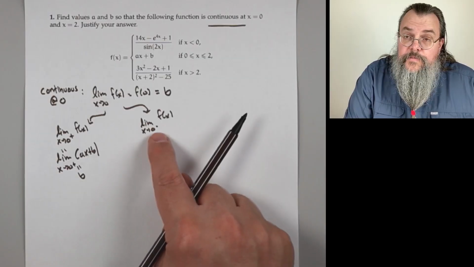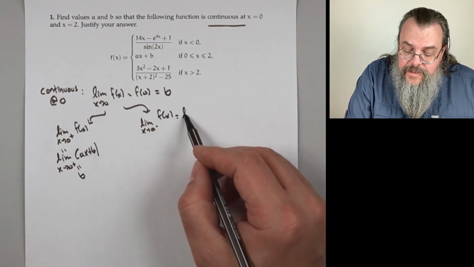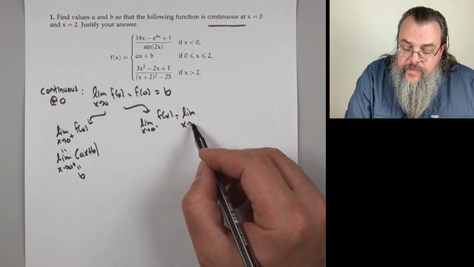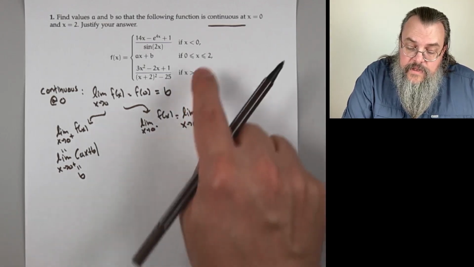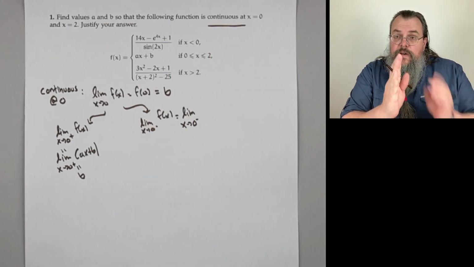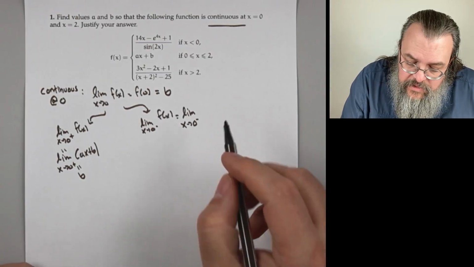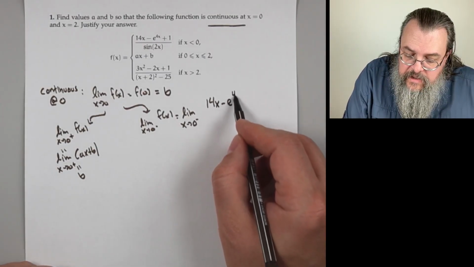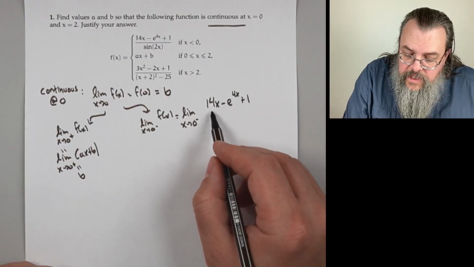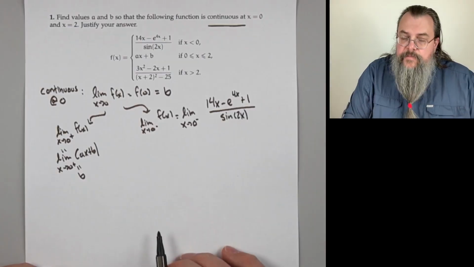So now we come to this one from the left. I think this is where we're going to be doing our work. So we have x approaches 0 from below of, so if here's 0, we're just on that side, right? Just below. And so it's 14x minus e to the 4x plus 1, all over sine of 2x.